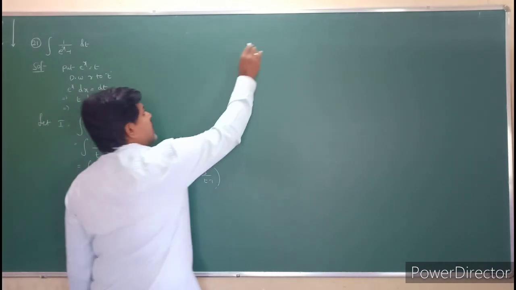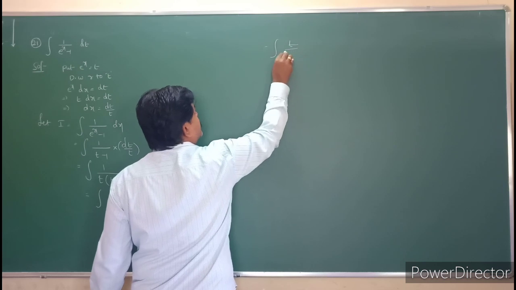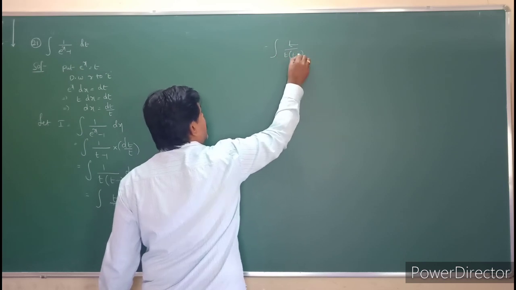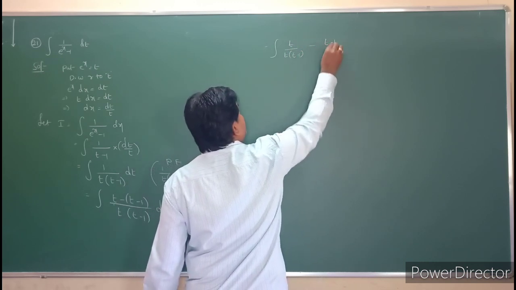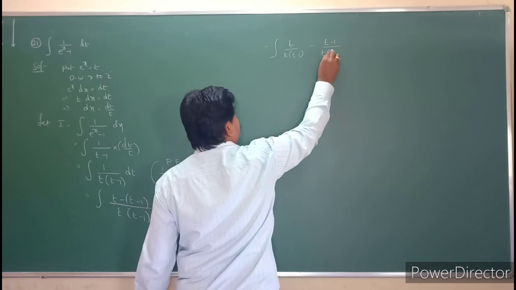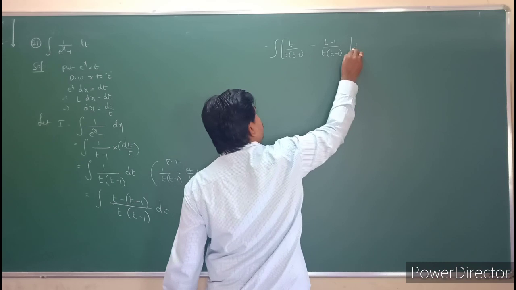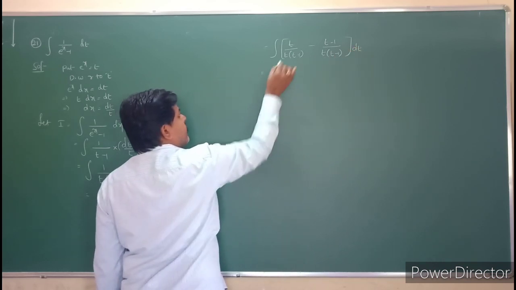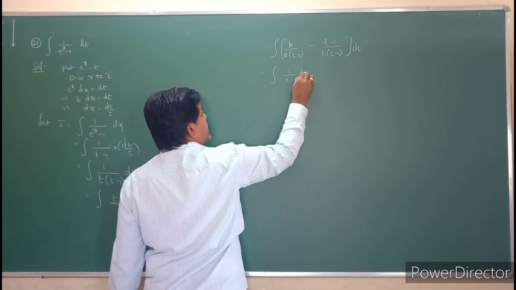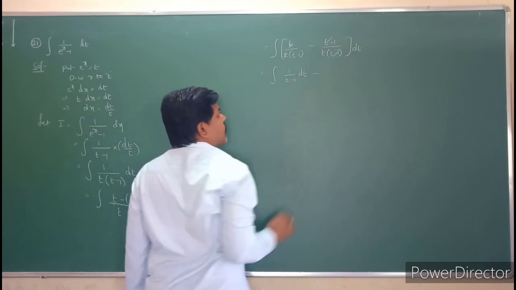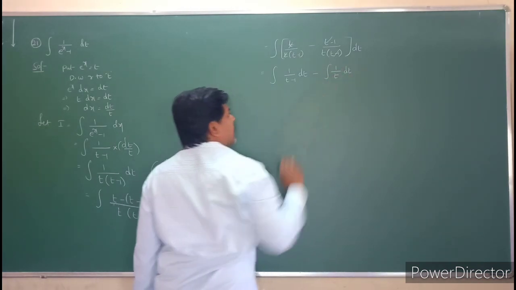So then, what we will get is equal to integral of t by t into t minus 1, minus of t minus 1 by t into t minus 1, into dt. So what happens students? The t will be cancelled: integral of 1 by t minus 1 into dt minus, t minus 1 will be cancelled, integral of 1 by t into dt.